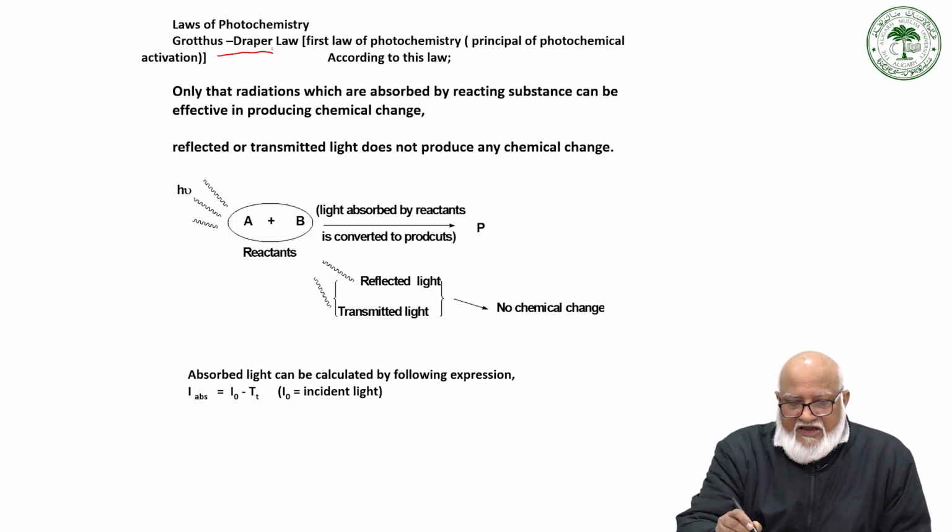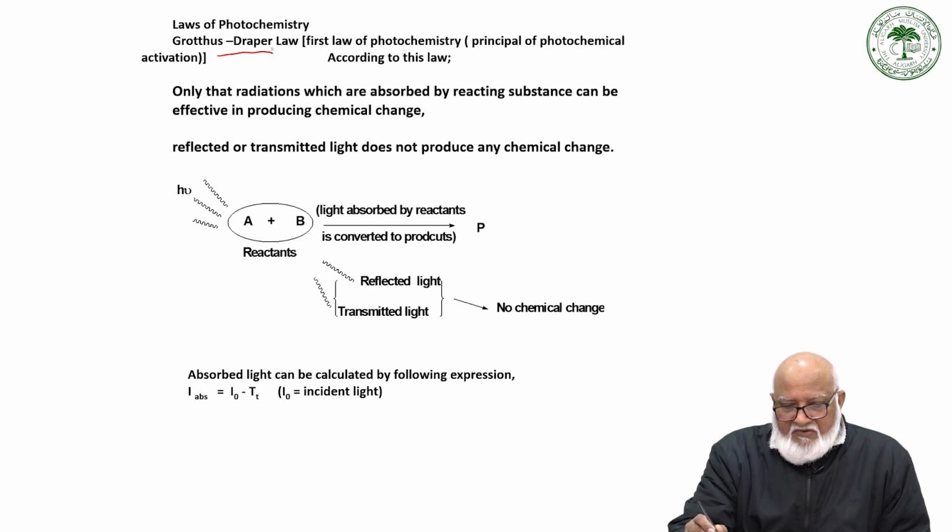According to this law, only that radiation which is absorbed by the reacting substrate can be effective in producing chemical changes. Reflected and transmitted light does not produce any chemical change. This is the first law given by Grotthuss-Draper.